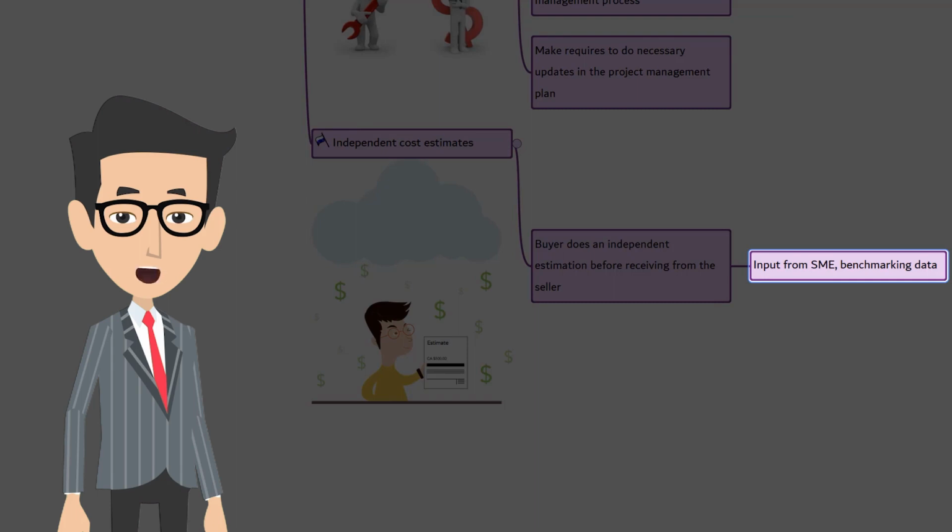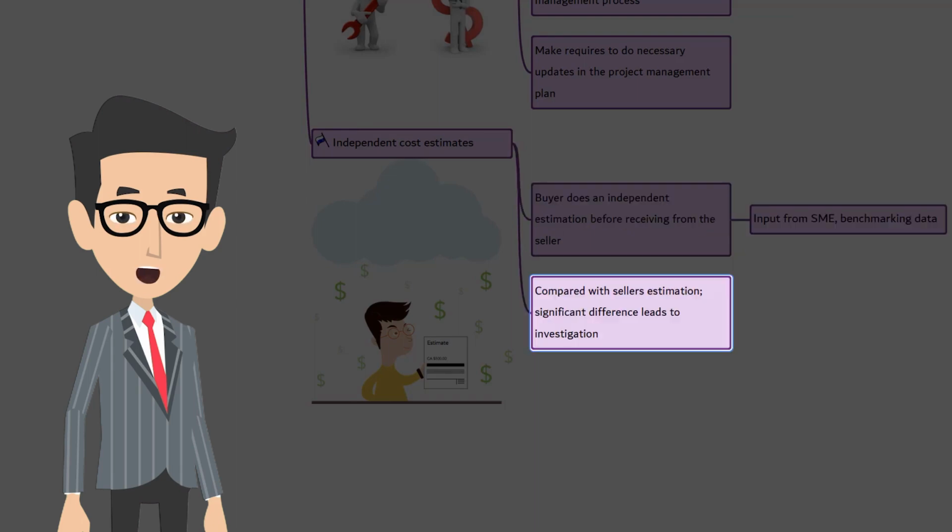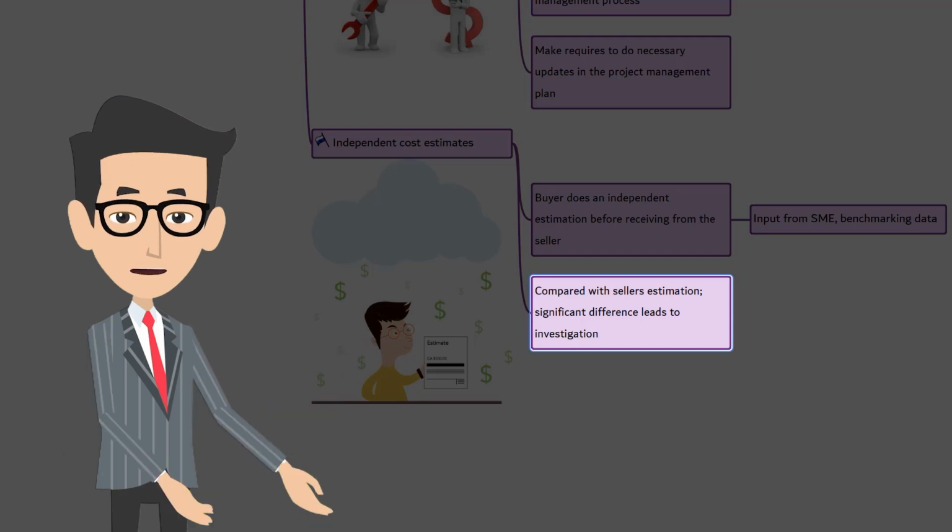If there is no SME or benchmark data available, then this estimation job is outsourced to a professional estimator. You know why the buyer organization does all this? Upon receiving the cost from the seller, in case of significant difference, the buyer can understand that the seller either misunderstood the procurement SOW or hasn't understood the complete scope of the SOW.